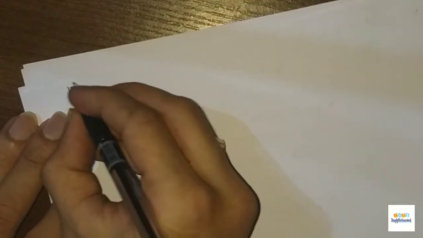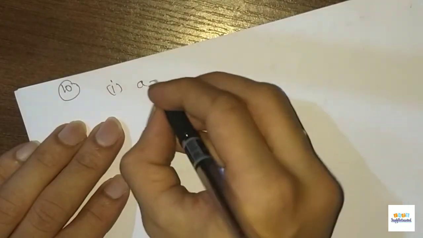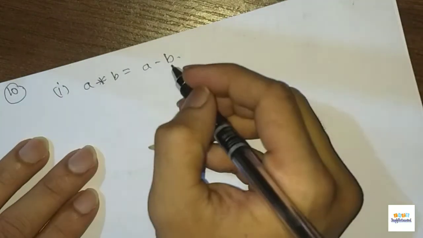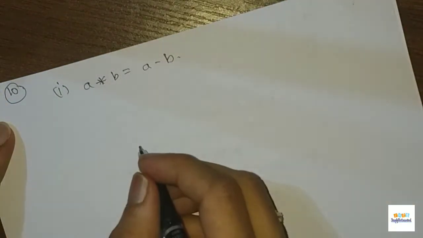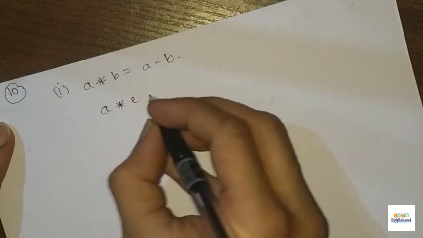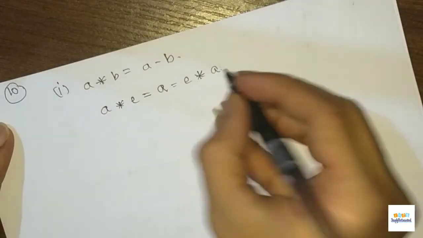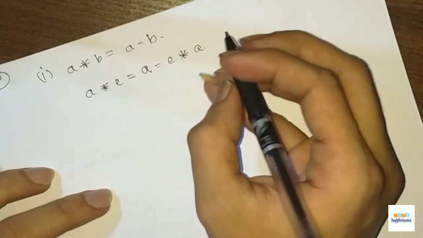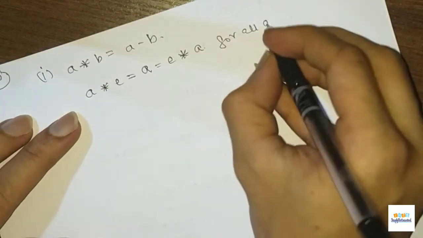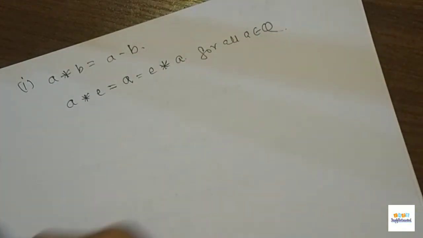For the 10th, actually you have to look at the 9th problem. The first operation given was a star b equal to a minus b. Let us show that this doesn't have any identity. Suppose it has identity e, then you get a star e equal to a, which is equal to e star a, for all a belonging to the rational numbers, because the set given was the rational numbers.